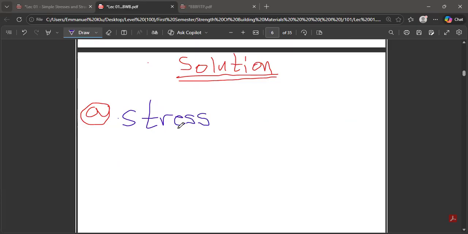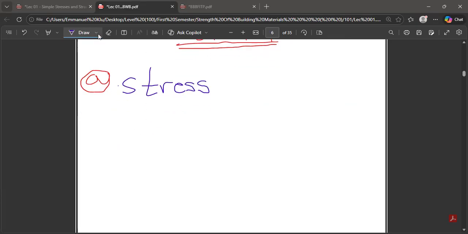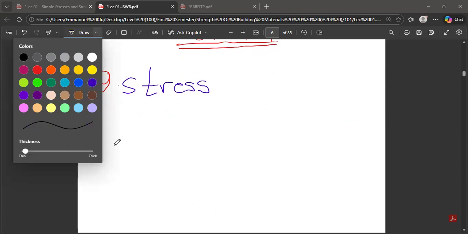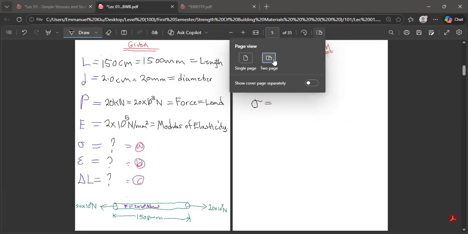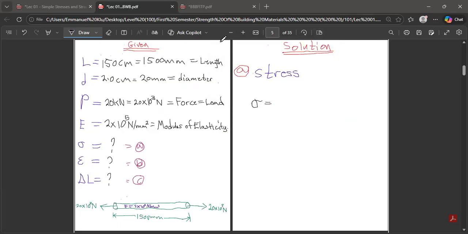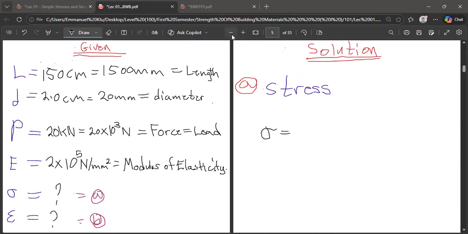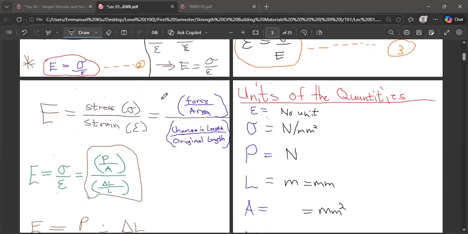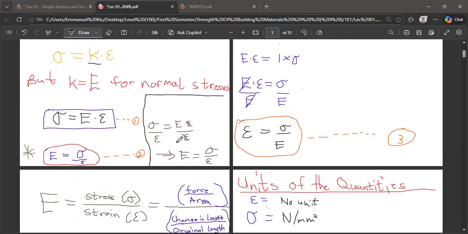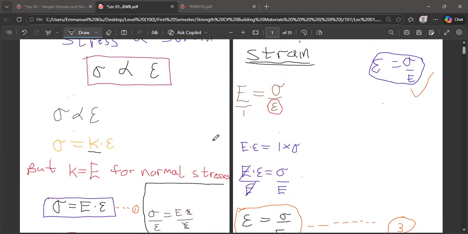So I urge each and every one of us to be able to state Hooke's law. They say we should find our stress. We know that stress is equal to what? What was the formula for stress? But before that, let me use two pages so that life can be much easier.